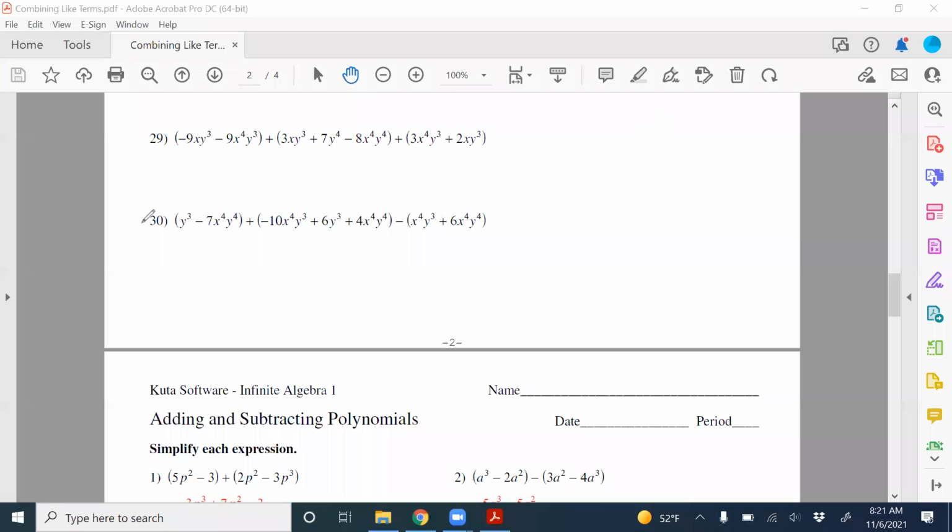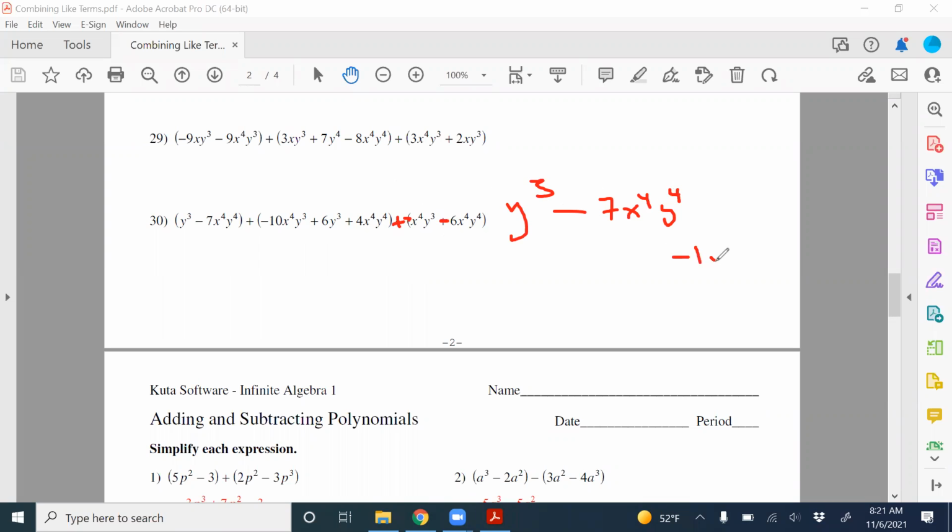Last one. So you do have a minus. So what I'll do is I'll make that a plus and change that to negative and make that negative as well. And then stack them like we've been doing for the previous 3 problems. So you have y^3 and negative 7x^4y^4. You have negative 10x^4y^3.